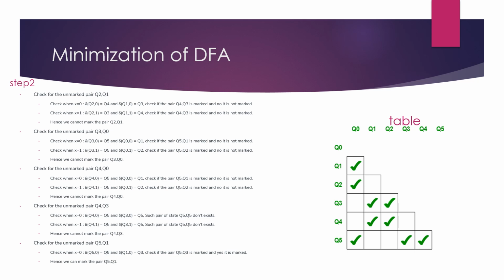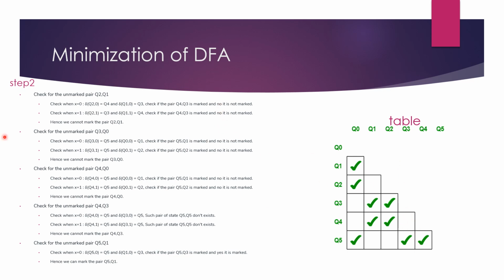So check the unmarked pair Q2 and Q1. By putting the input symbol 0: Q2 on 0 goes to Q4 and Q1 on 0 goes to Q3. Check whether the pair Q4 and Q3 is marked.